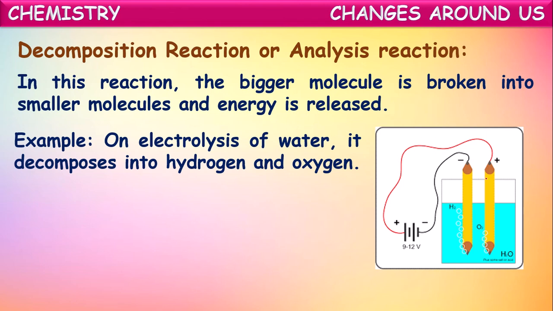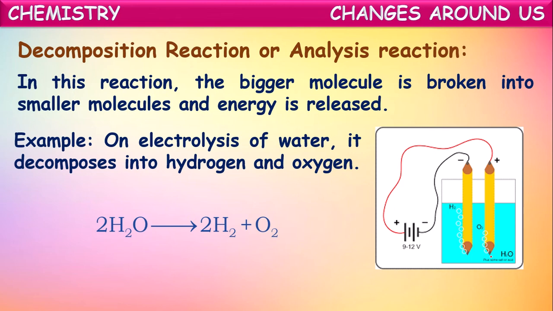Now by passing electricity through this water, the water molecules split into two new molecules. They are hydrogen and oxygen. This process of splitting of water into hydrogen and oxygen by passing electricity is called electrolysis of water. Electro means electricity, lysis means splitting. So here splitting of a chemical substance by passing electricity is happening.